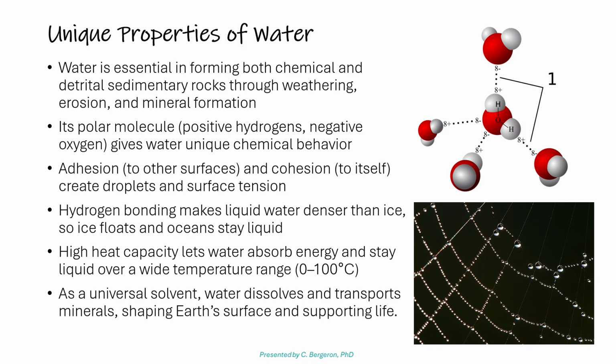Cohesion is responsible for that property. Cohesion creates surface tension, which is something that various insects use to walk on water by distributing their weight across the surface. So that cohesion allows for the formation of droplets.